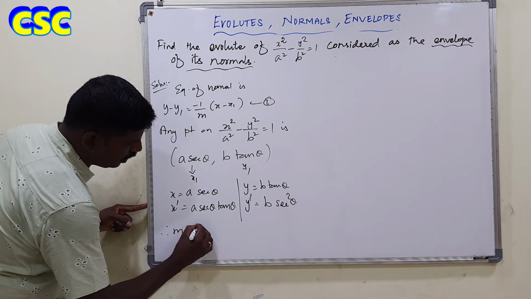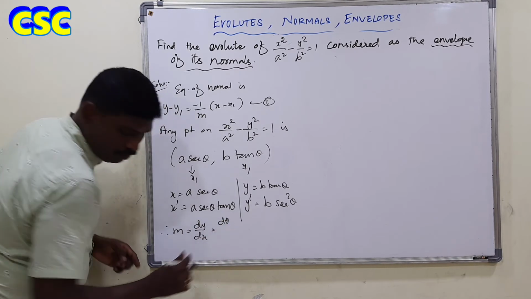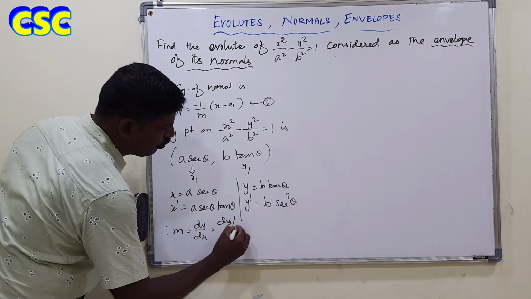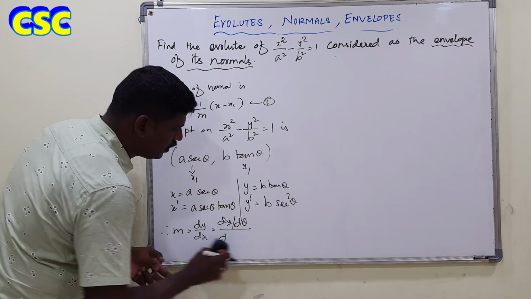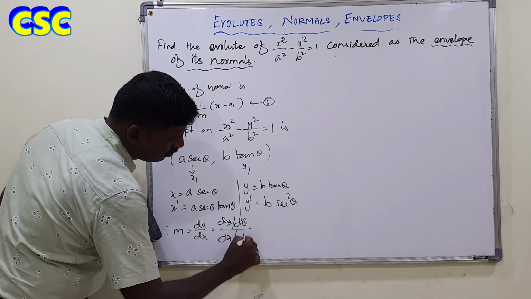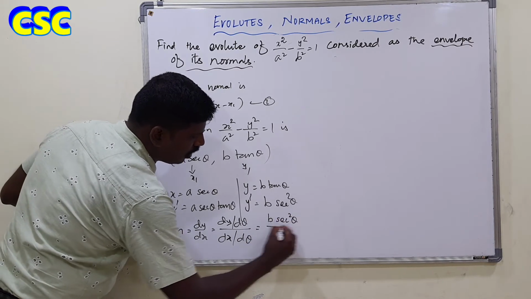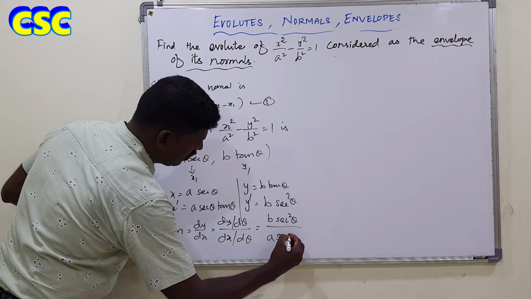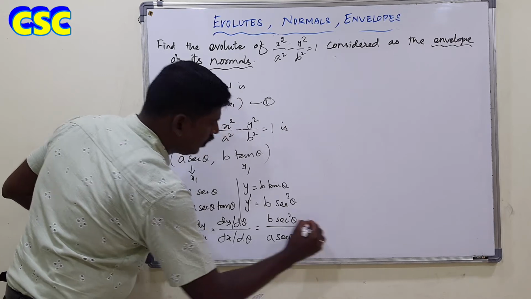What is m? Therefore m is equal to dy by dx, that is equal to dy by d theta divided by dx by d theta. What is dy by d theta? B secant square theta by a secant theta tan theta.